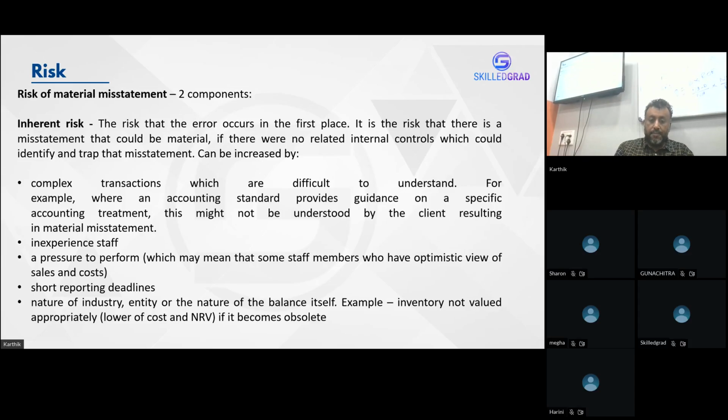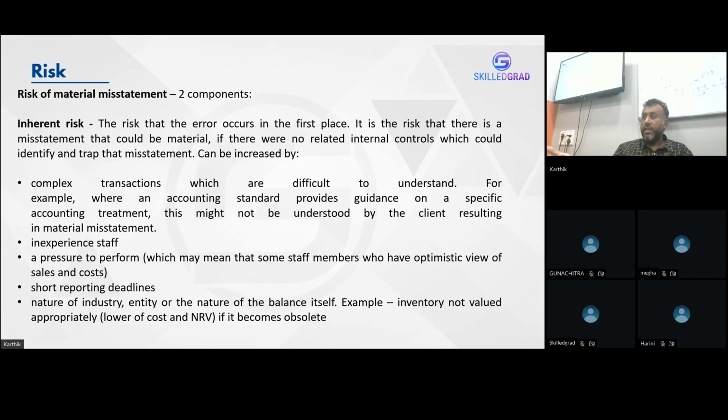In some industries, the nature of the business itself is a risk. For example, in certain industries you cannot even find the real value of the inventory. For certain products, you don't know what the NRV is. Certain products may not be in demand, or you cannot find their value at all. So you might be valuing it at cost, but the NRV can in reality be much lower than cost.